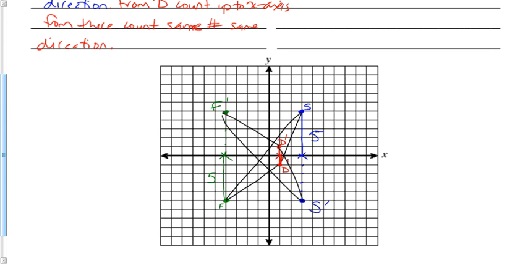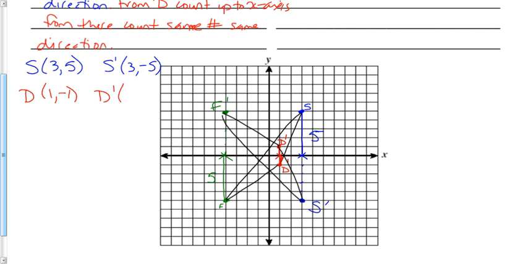In doing that, if you look at the points, S was at (3, 5). S prime ends up at (3, -5). So all that really changed was the sign of the y value. Let's look at D. D was at the point (1, -1).